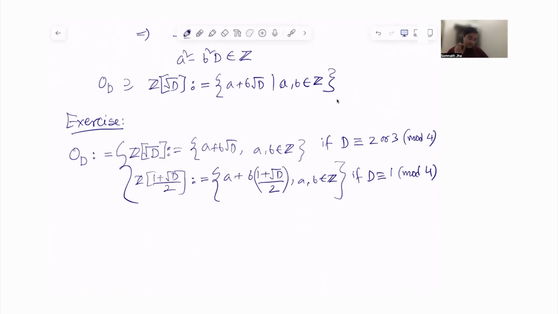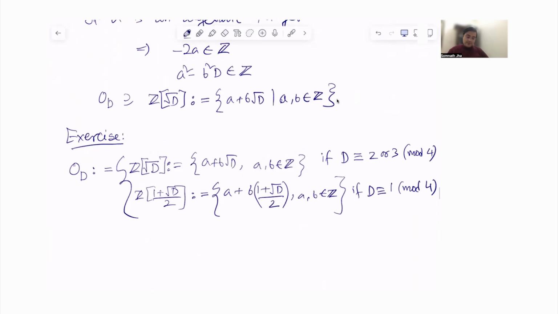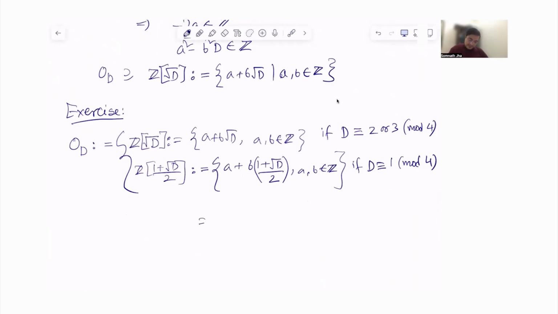You can work it out. Also, every element of this form you can check is an algebraic integer. So this is the entire set of algebraic integers. By the way, this set can also be written as {(a + b√D)/2 such that a, b ∈ Z and a is congruent to b mod 2}.